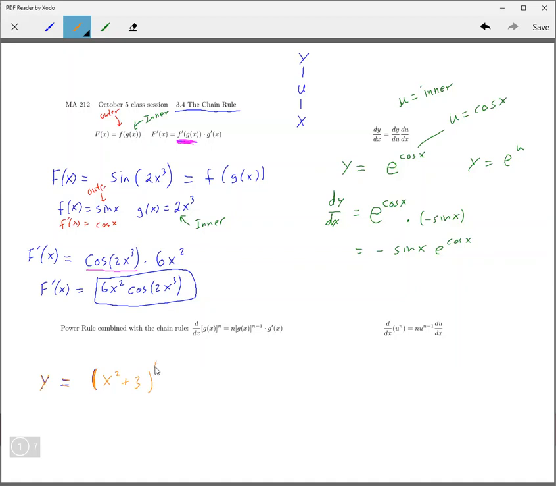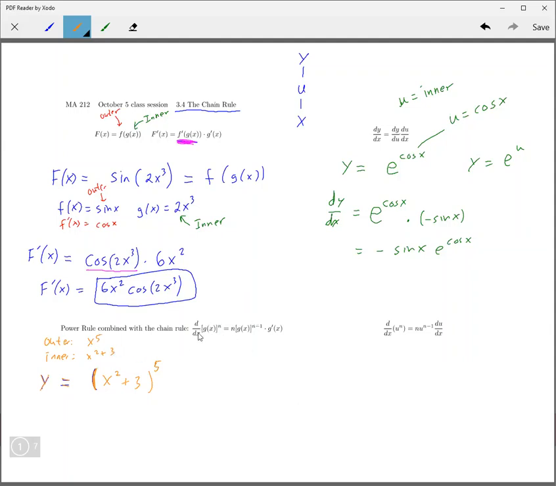We can just raise it to the 5th power. So this would be an expression raised to a power. In this case, the outer function is x to the 5th, and the inner function is x squared plus 3. So it's a matter of recognizing that.